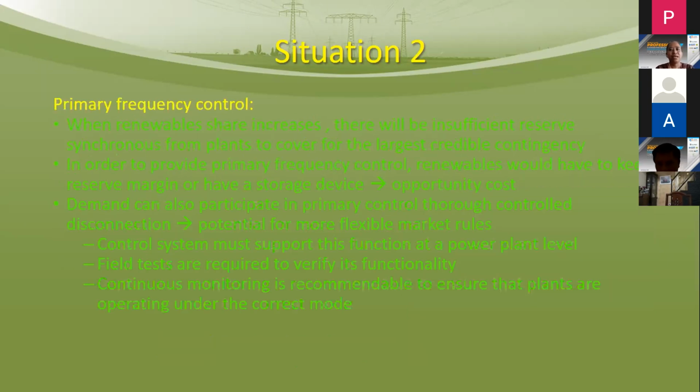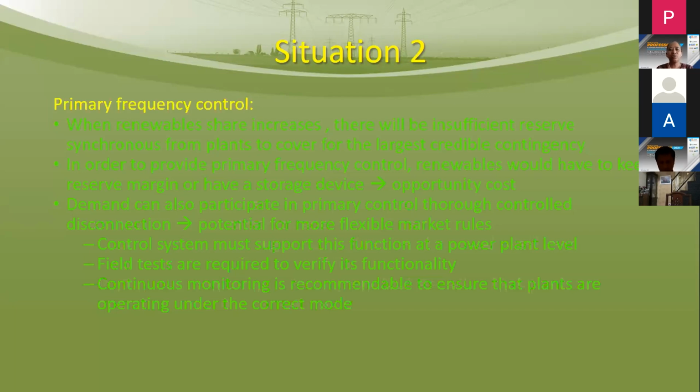Okay. In the first situation, when it is dominated by synchronous generation, the primary frequency control is important. In situation 2, it is different. When renewable shares increase, there will be insufficient reserve from synchronous plants to cover the largest credible contingency, because we do not use many synchronous machines in situation 2.